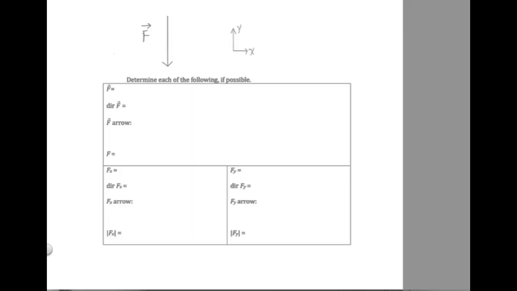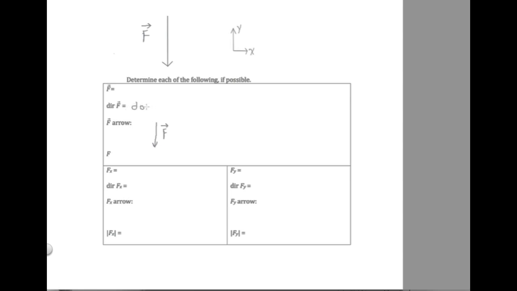All right, please pause the video and try this problem. Well, we were given the F arrow. The F arrow is pointing straight down. It's supposed to be a vertical line, straight down. Hard to draw straight down. All right, now we'll just say the magnitude is F. So the direction is down.